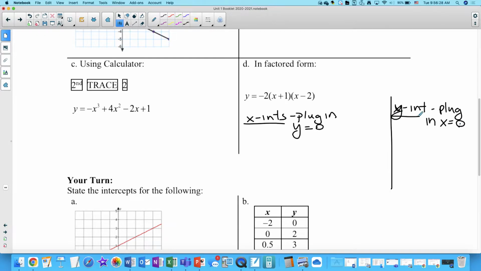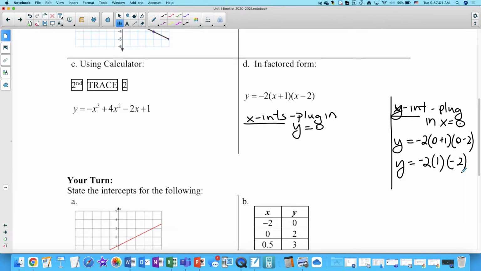On the Y-axis, X is 0. So if we have this equation over here, we know that this value and this value are both 0. To get the Y-intercept, we just need to plug in a 0 for all of the x's, like a substitution. y equals -2 times 0 plus 1 times 0 minus 2. And this can just be evaluated. 0 plus 1 is times 1, and 0 minus 2 is times -2.